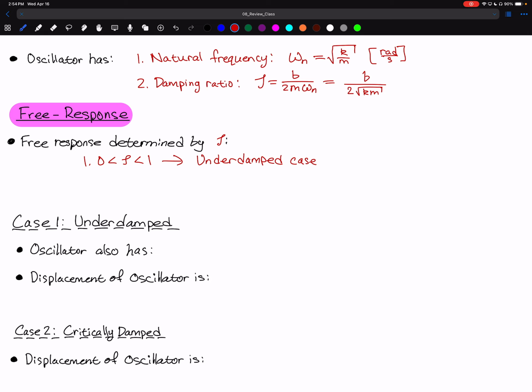The second case is when zeta is equal to 1. That's known as critically damped. And then the last case is when zeta is greater than 1. This is what we call overdamped.